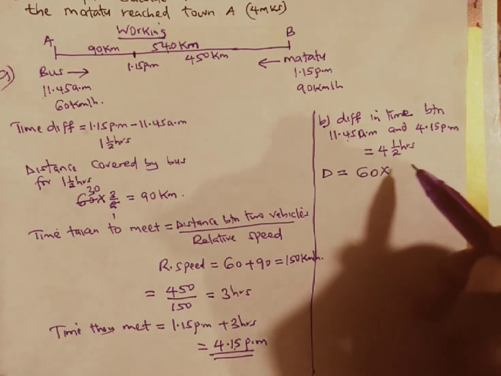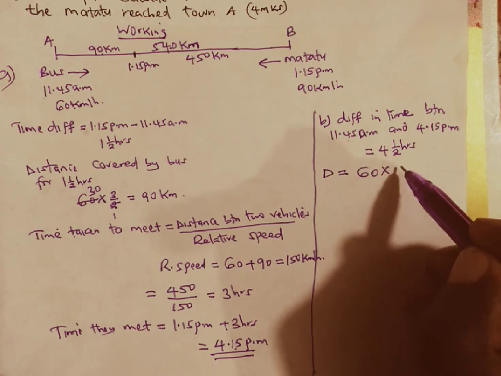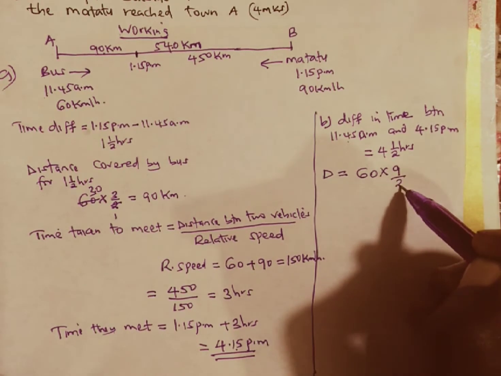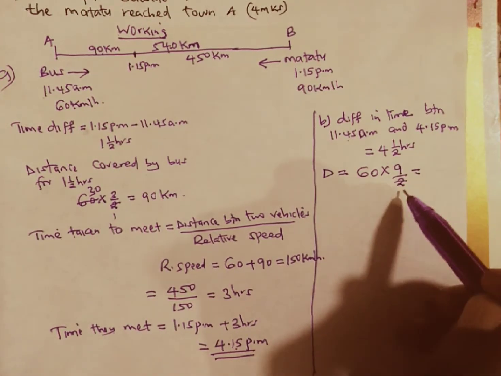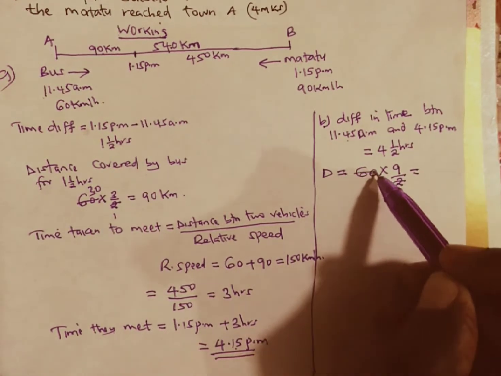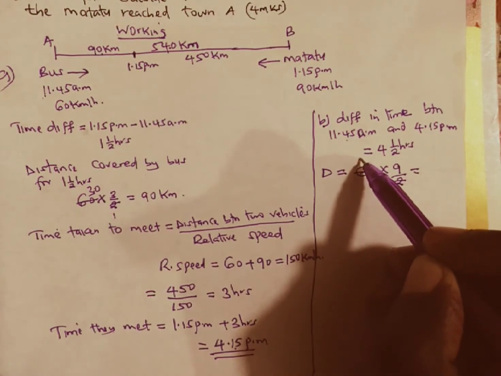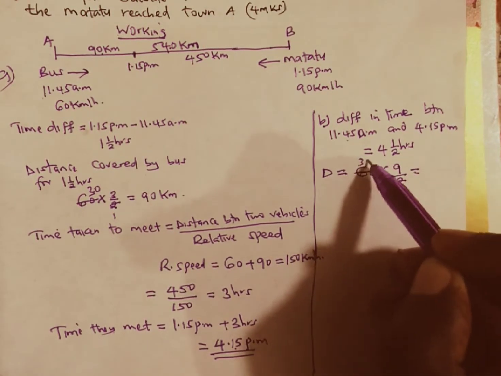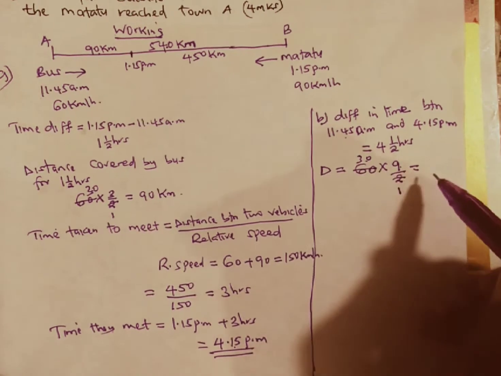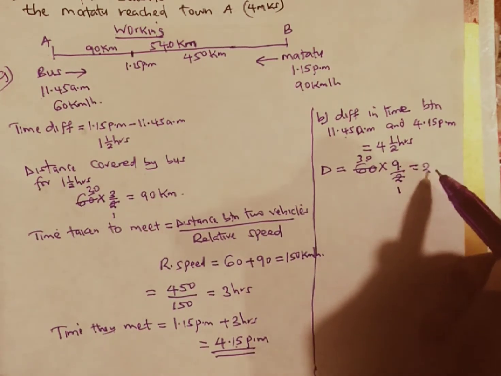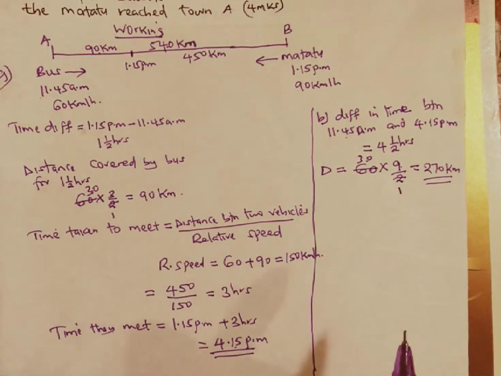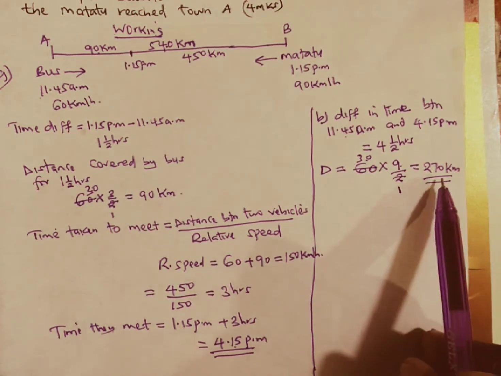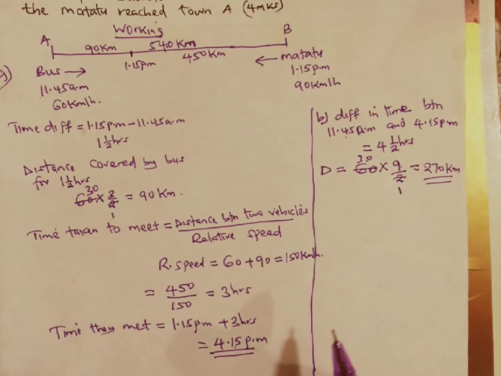We multiply by the time, which is 9/2 as an improper fraction. 2 goes into 60 thirty times. If you multiply that by 9, this gives us 270 kilometers, and that is the distance covered from A to the point where the two vehicles met.